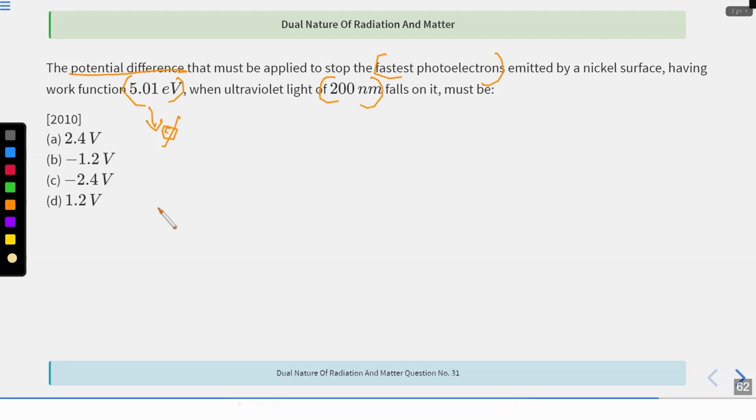Okay, so what I'll write this as, K max is equal to hc by lambda minus W, and that is nothing but hc by lambda minus 5.01.